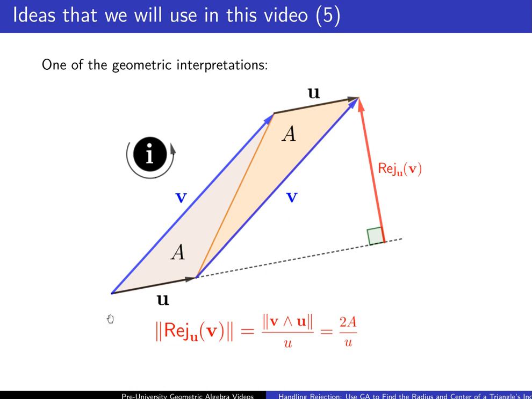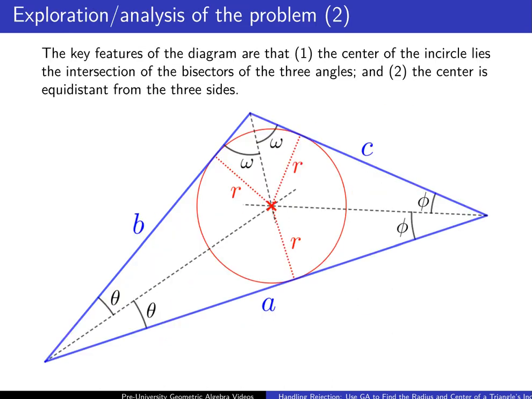And if we look at it here, just to make it more coherent and be more comfortable with it, what do we have? Well, v wedge u is twice the area of this parallelogram, and we're dividing it by the length of the base, which is u. So all we have here is that the height of that parallelogram is the area of the parallelogram divided by its base, something we've all known basically forever. So all that checks out and makes sense, and maybe now we're a little more comfortable just going ahead with this.